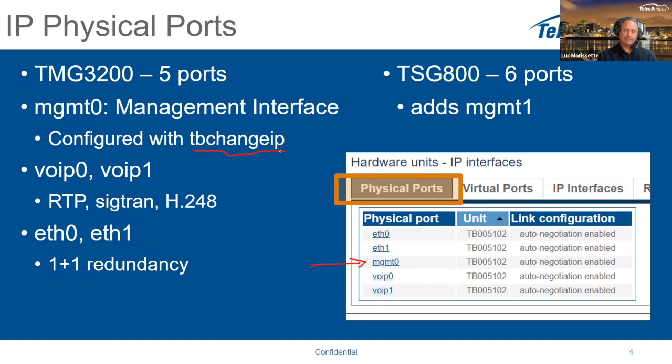So you still see it in the web portal, but it's not changeable from the web portal. You need to go on the console to change it. Then you have your 2 VoIP ports here, and normally these are used for all types of traffic on the system. And if you have 1+1 redundancy, you will use the 2 ETH ports to interconnect the two devices that you have.